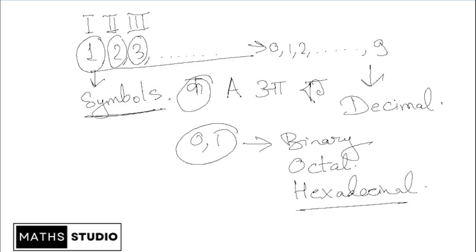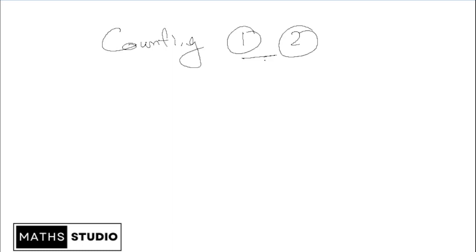Okay, now let us come back to the number system, that is decimal system basically. So earlier we had the theory of counting. What is theory of counting? That suppose I have got one chocolate, you have got two chocolates, so total chocolates are 3. So that is theory of counting.